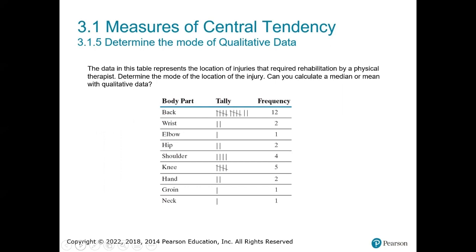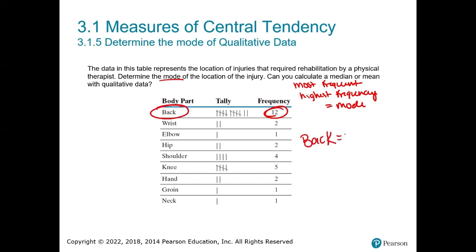Okay, so the mode is by definition the most frequent. So the one with the highest frequency is the mode. The highest frequency is 12, and that is the value of back.